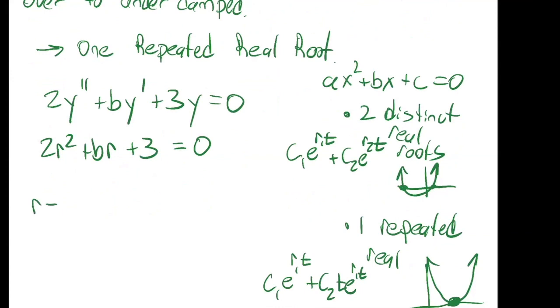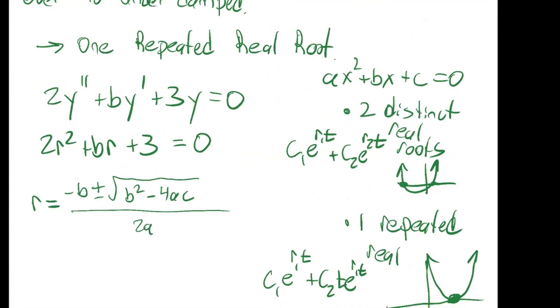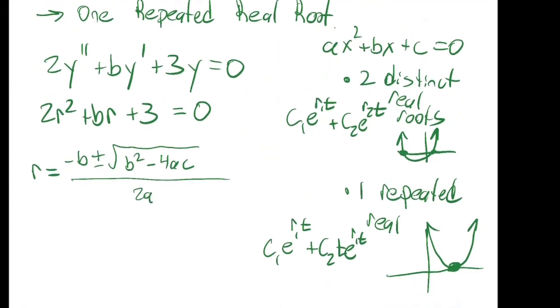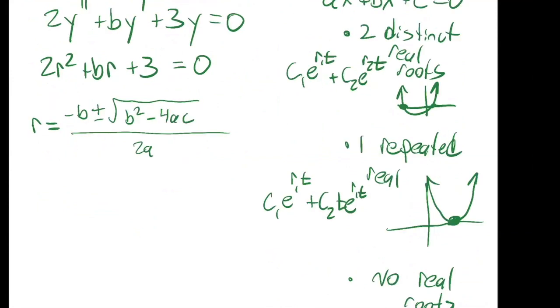And if we wanted to find the roots, we would take minus b plus or minus the square root of b squared minus 4ac, all over 2a. And this expression that's underneath the square root, this is called the discriminant.